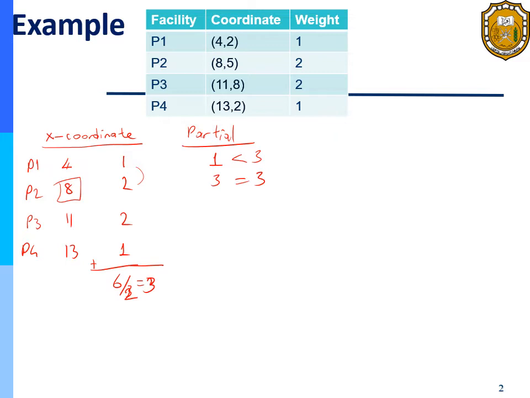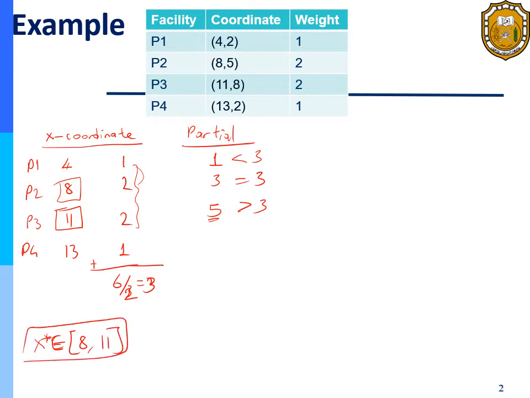So if I continue, the partial weight here is the sum of these weights, which is 5, and it is strictly greater than 3. So it means that the alternative optima is between 8 and 11. So x star, you can represent this alternative optima like this. It's an element of this range, 8 and 11. Okay, so this is the x coordinate.